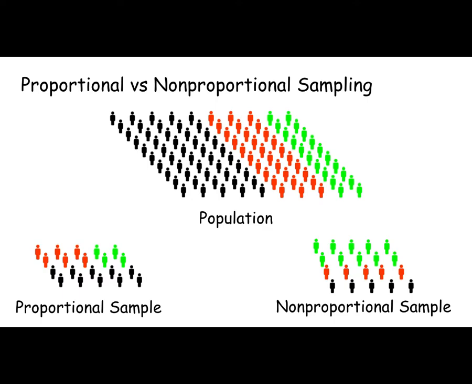Some of these stratified samples can be proportional or non-proportional, and what that means is whether the representation within the population is proportional to the representation in the sample.